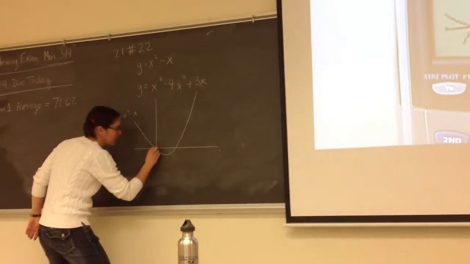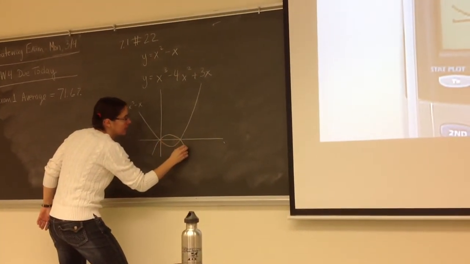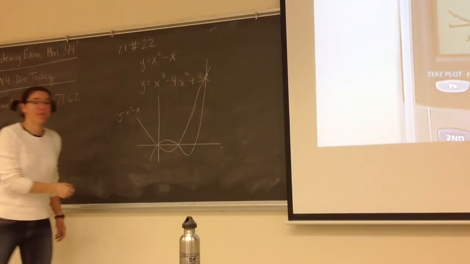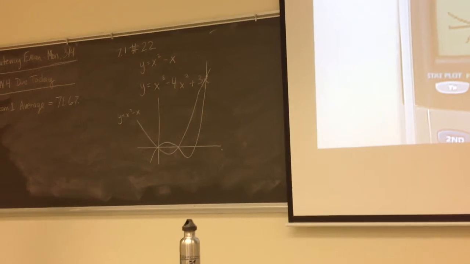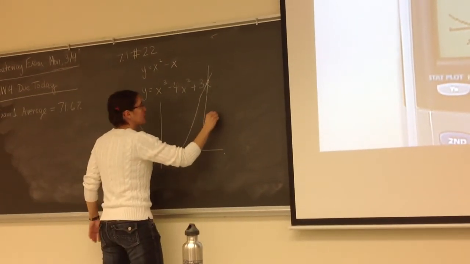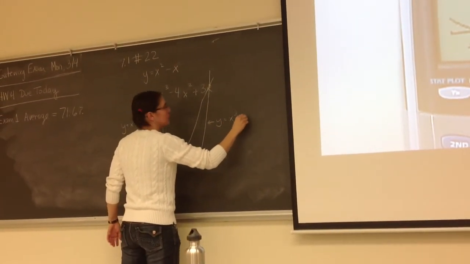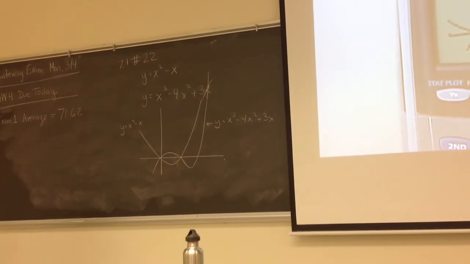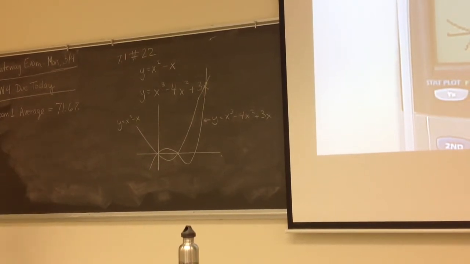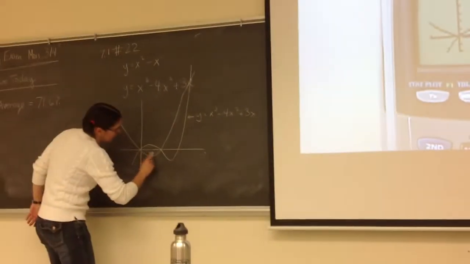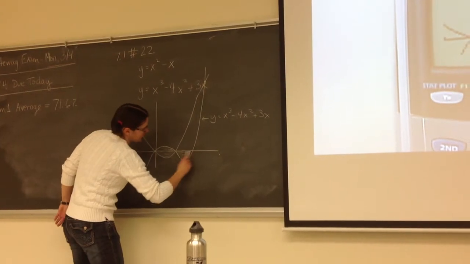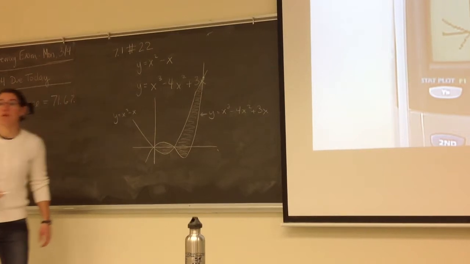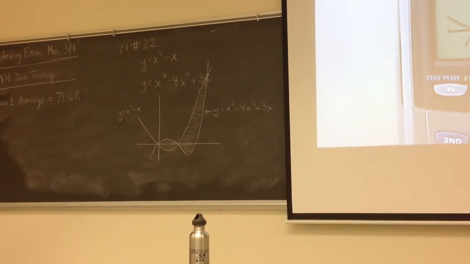Then these guys cross somewhere up there as well. This is y equals x cubed minus 4x squared plus 3x. The regions we're looking at are this itty-bitty bubble as well as this much larger region over here, I don't know what shape it is. Any questions about the picture?